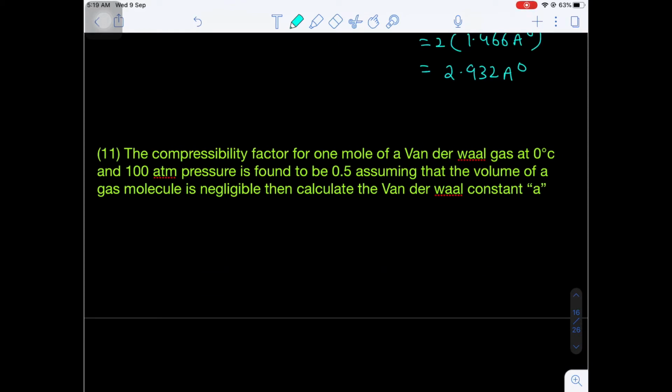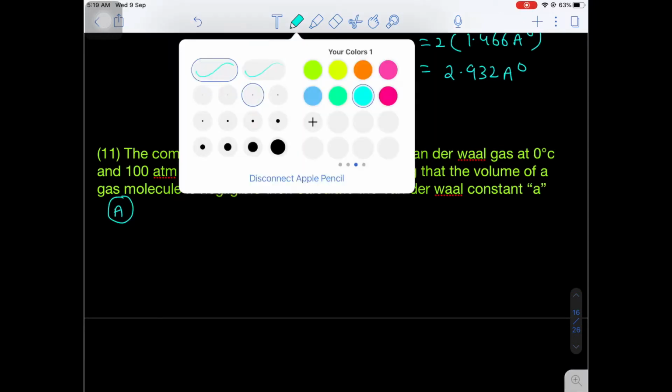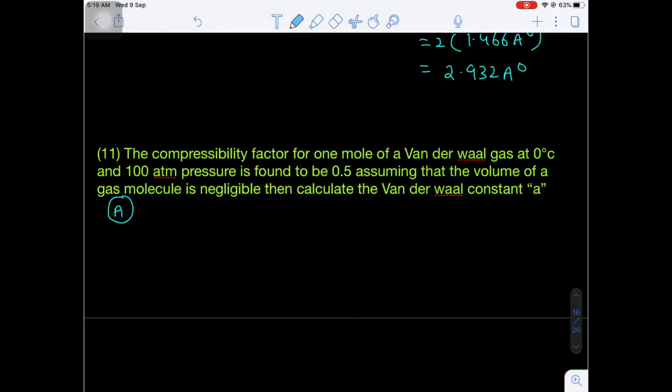Okay. Now the next question, that is the 11th question. The compressibility factor for 1 mole of a van der Waals gas at 0 degrees Celsius and 100 atmospheric pressure is found to be 0.5, assuming the volume of a gas molecule is negligible. Then calculate the van der Waals constant A. Now first of all, what is the temperature given here? 273 Kelvin.